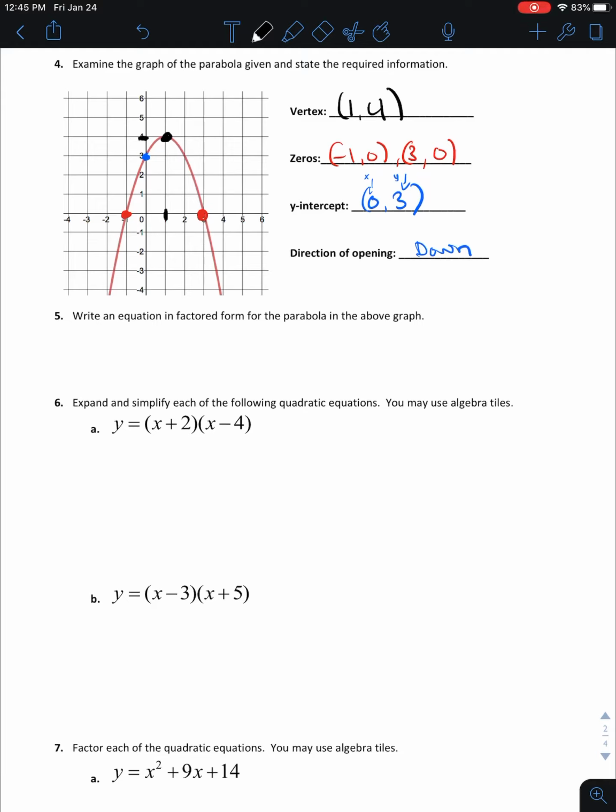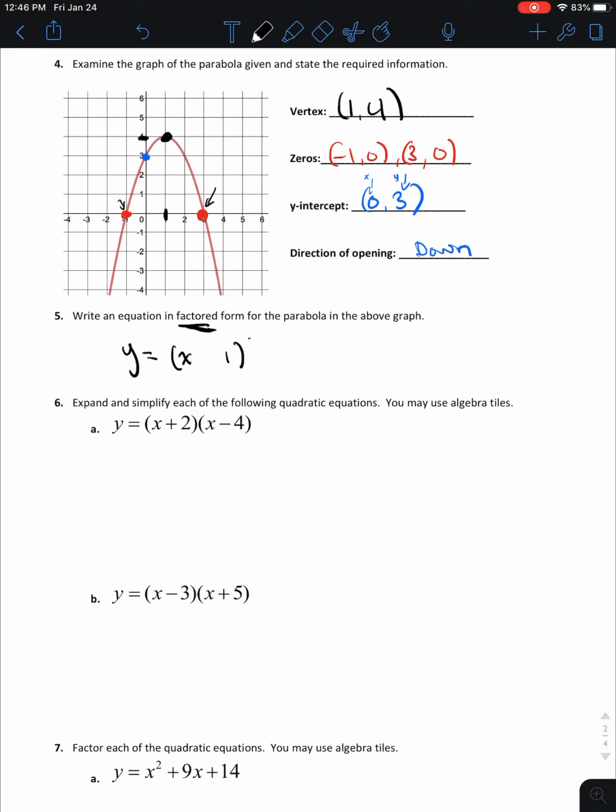Right. Now, last thing we've got to figure out here, with regards to this graph, is it wants me to write a quadratic equation representing the parabola in factored form. Right, factored form. So anytime you've factored in this course, you've produced something that looks like one piece multiplied by another. So those pieces are simply the zeros in our question, -1, 0, and 3, 0.